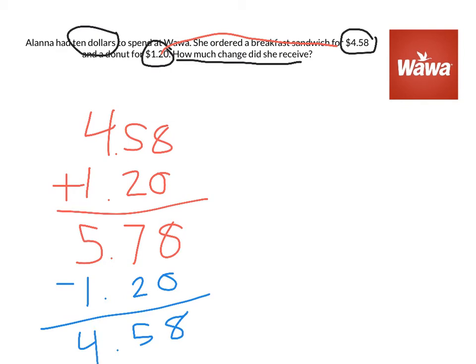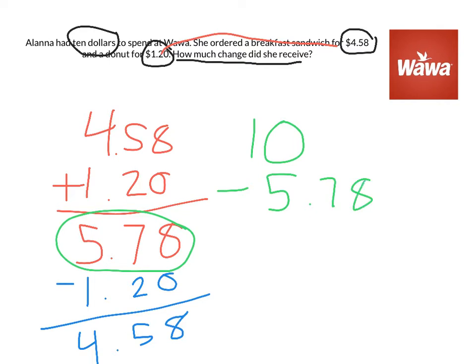So now I have to take this 5.78 and take that away from my $10. So when I put my $10, subtract it from my 5.78, I see I don't have decimal place values at all in my $10 because it's just a whole number. So I just add in my zeros, because as we know we can add in as many as we'd like.